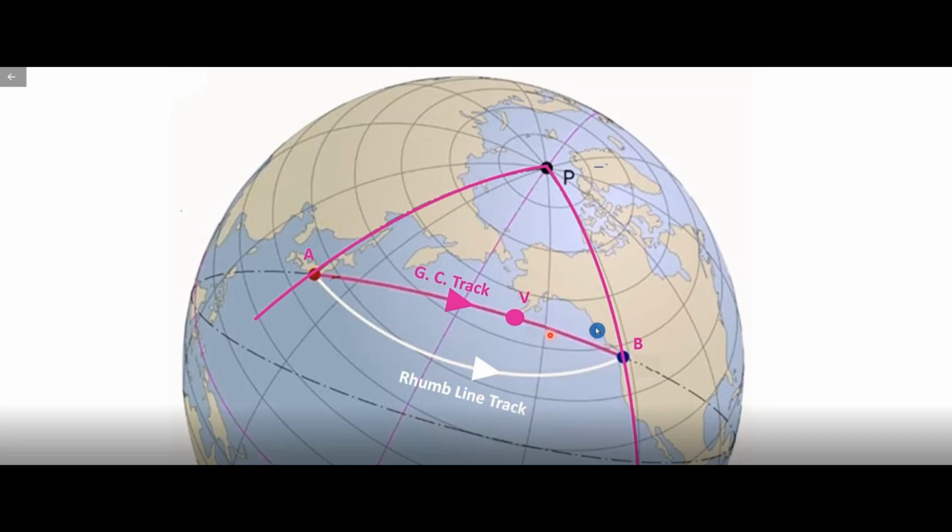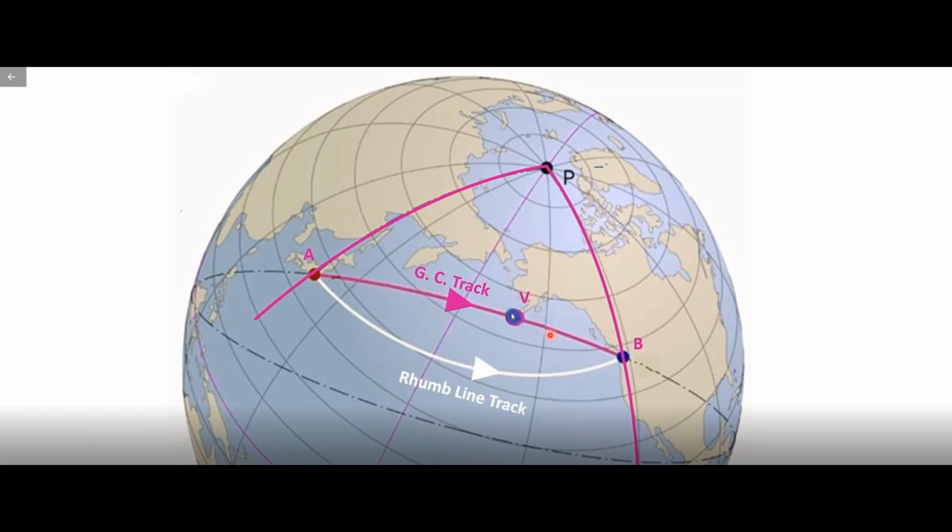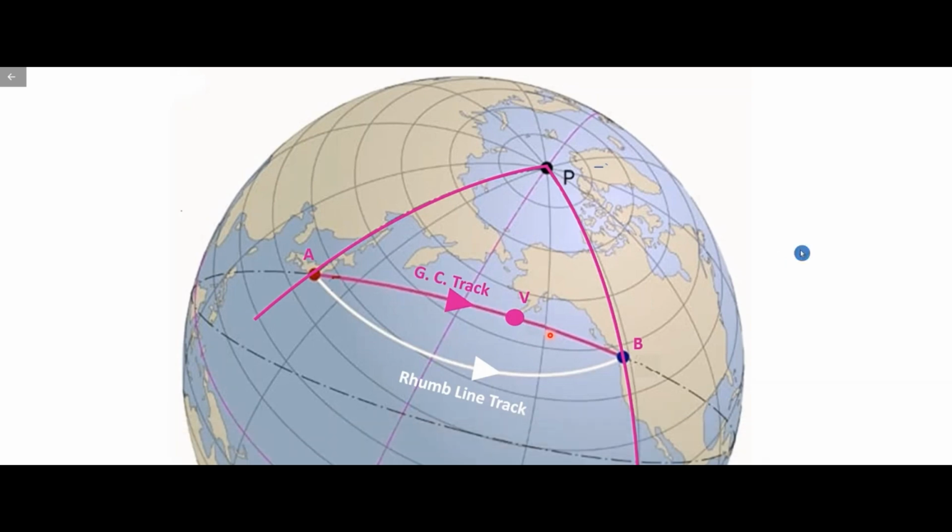So there is a saving in distance in the great circle track, but at the same time you may go closer to the danger or you may pass over land, like in this case we are passing over this point. Preferred track shall be the GC track from A to B.